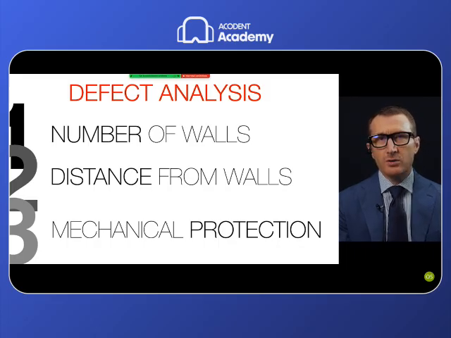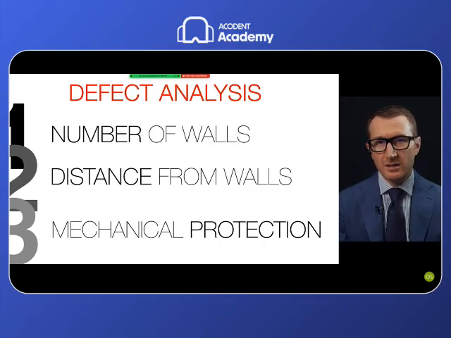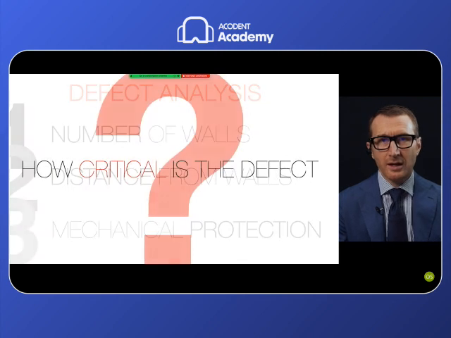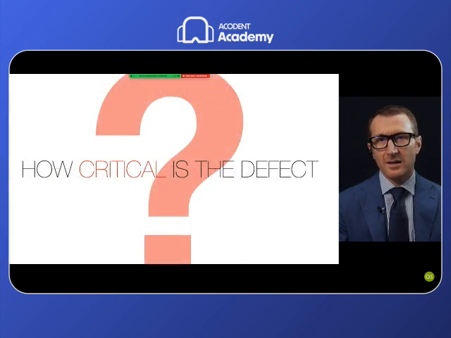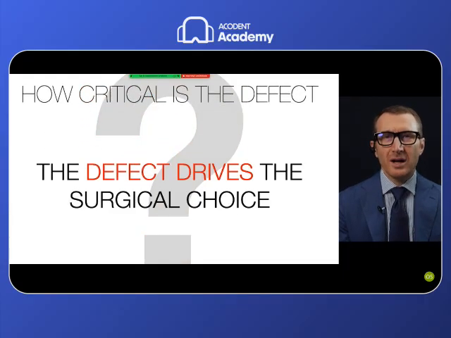And we are going to see how we can compensate for the reduced number of walls or the increased distance from the walls, getting a better outcome, a better predictability of our results. So how critical is the defect, and how are we going to make the surgical choice.